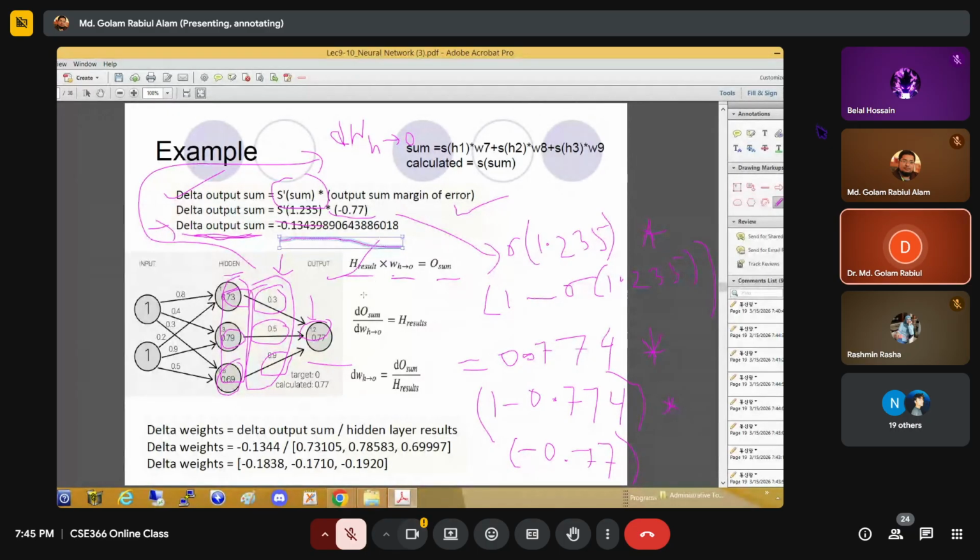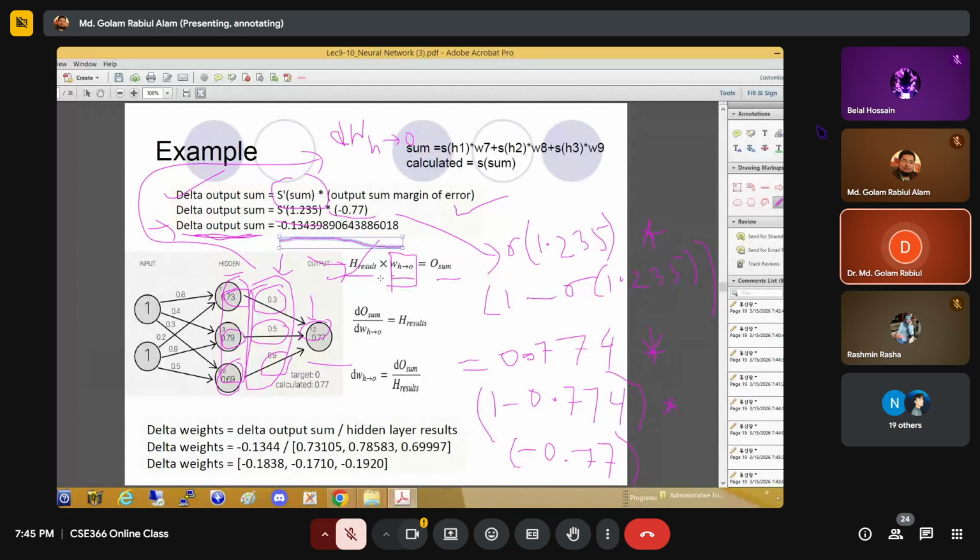Now what we want to do is take the derivative of this equation with respect to W. If we take the derivative with respect to W, then W will be 1.